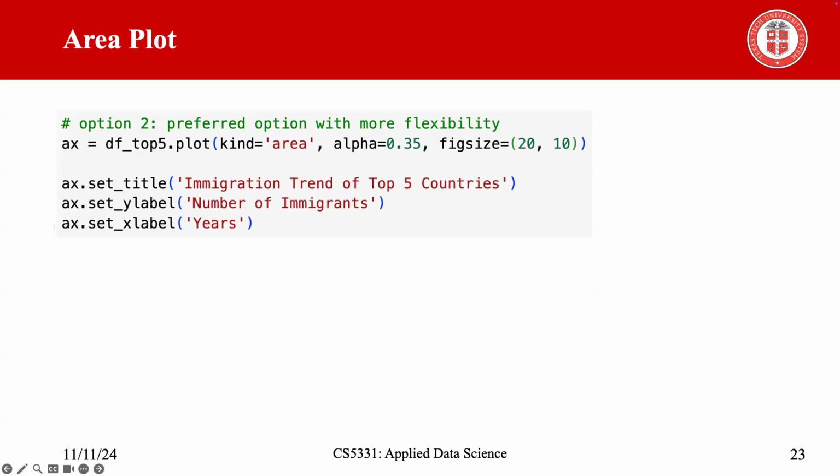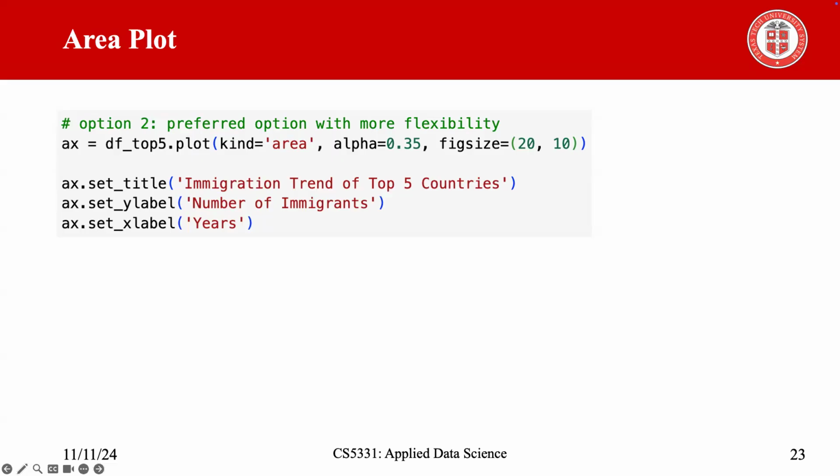Here you can use this variable and set the title, set the X label or Y label. This is similar to the previous one, but later you will see that using such a thing would be much more helpful when you want to draw subplots.